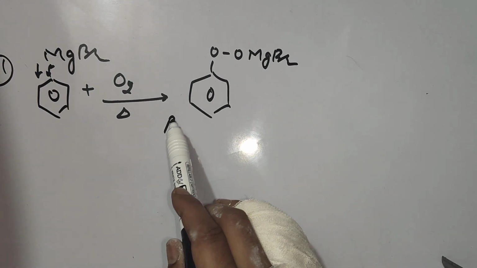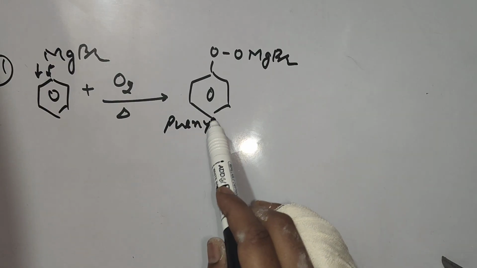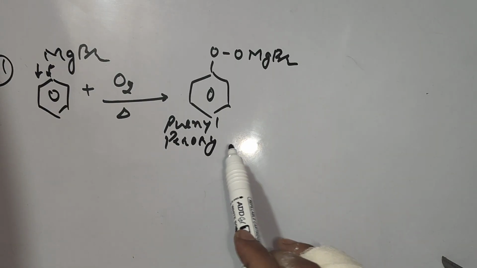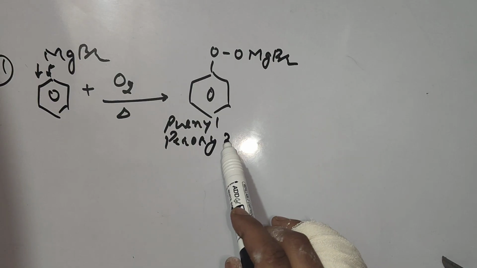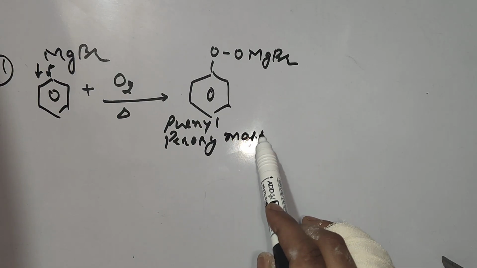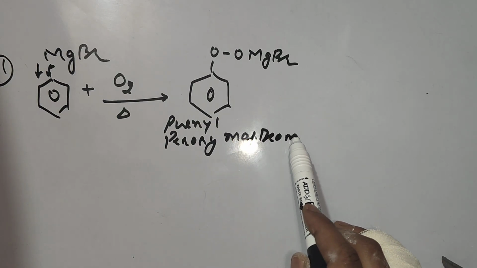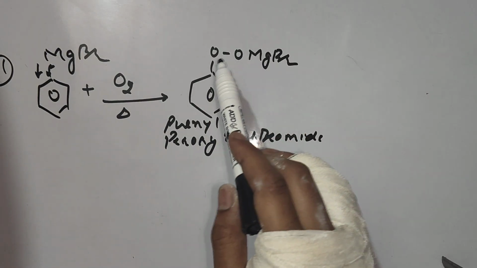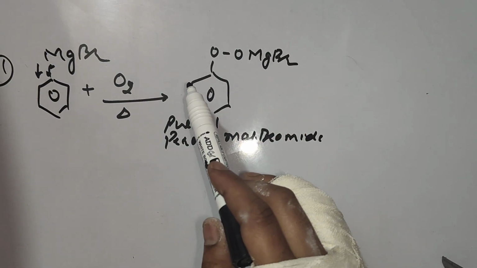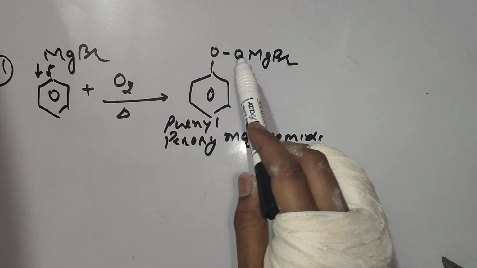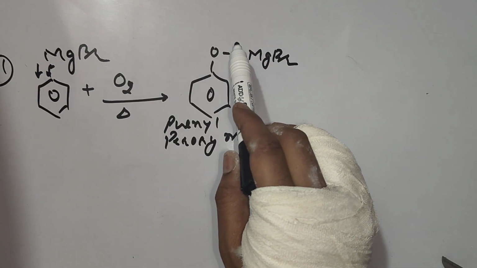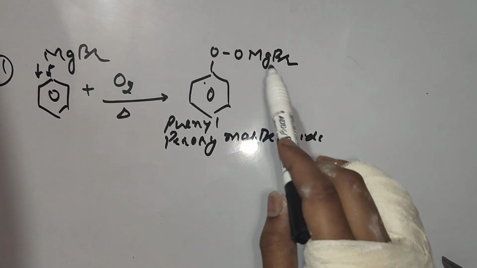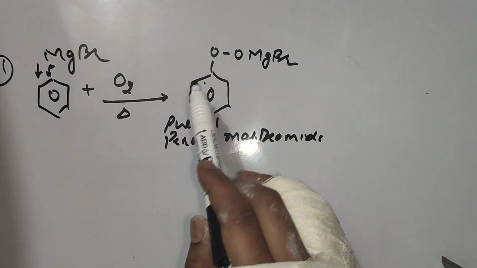We call it phenyl peroxy magnesium bromide. Peroxy because two oxygen atoms are there. Between this oxygen and this magnesium, ionic bond is there. And between this oxygen and this carbon, covalent bond is there. This is the first step.